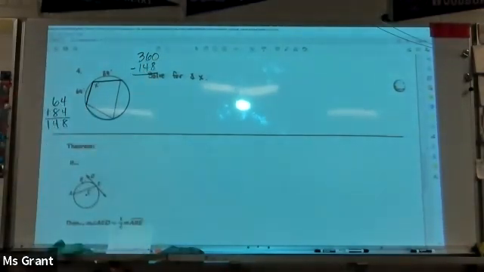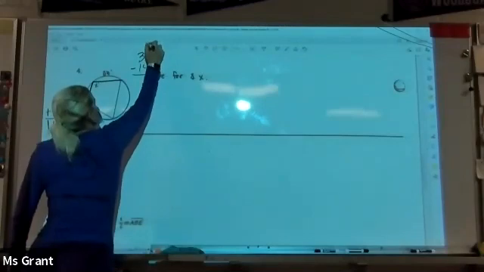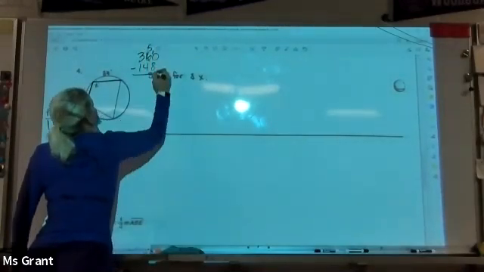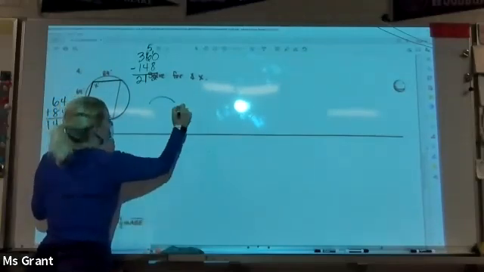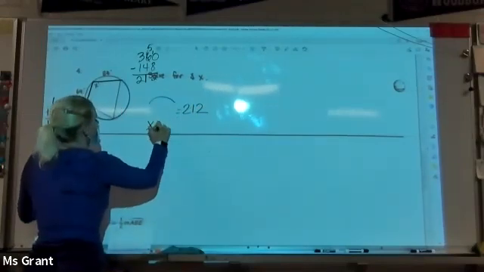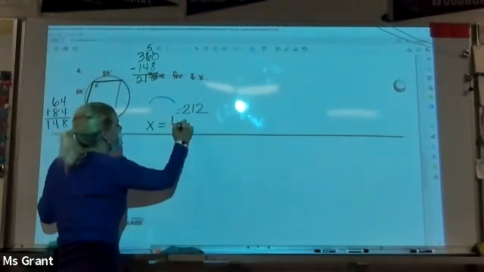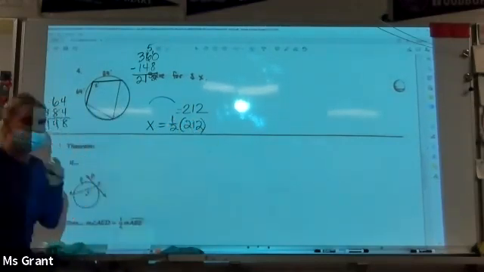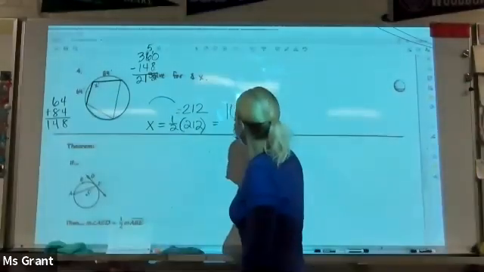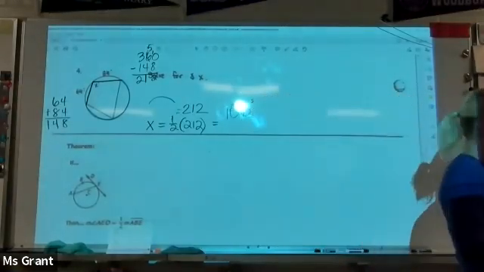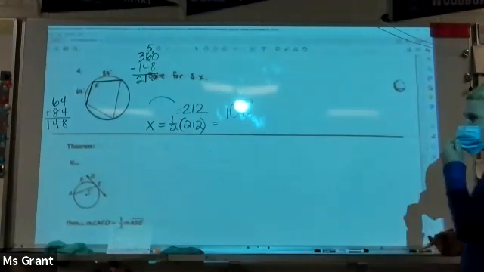So 360 minus 148 is 212. So the blue arc is 212, which means X is going to be half of 212, right? 106. So you're given partial information sometimes.